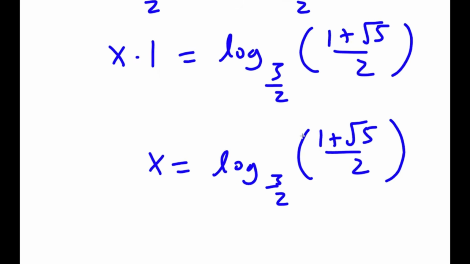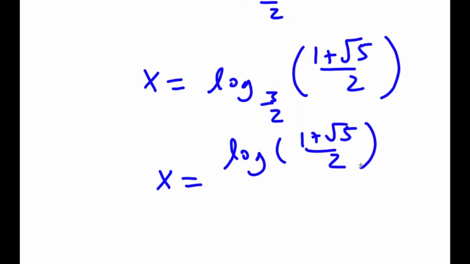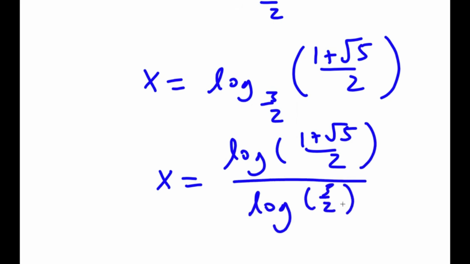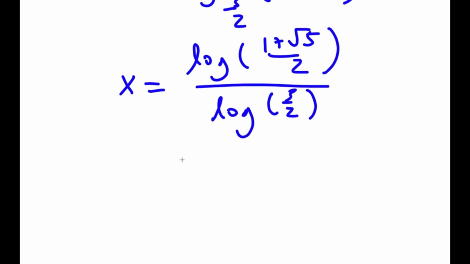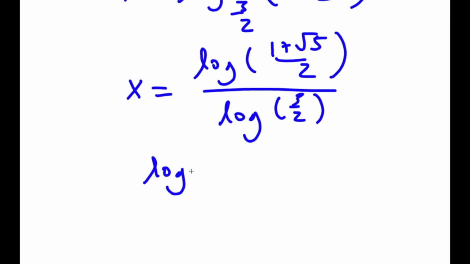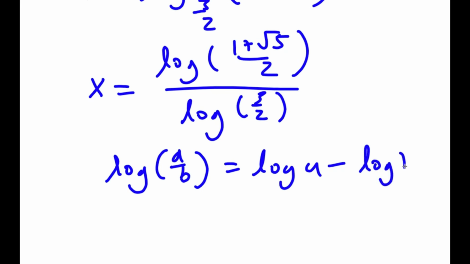Now, this is the same thing as x is equal to log of 1 plus square root of 5 over 2 divided by log of 3 over 2. And if I have something in the form log a over b, this is equal to log a minus log b.